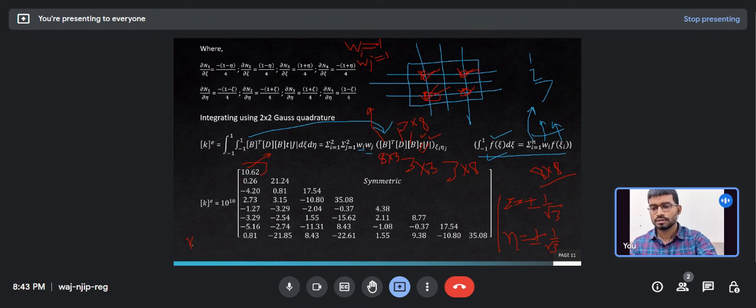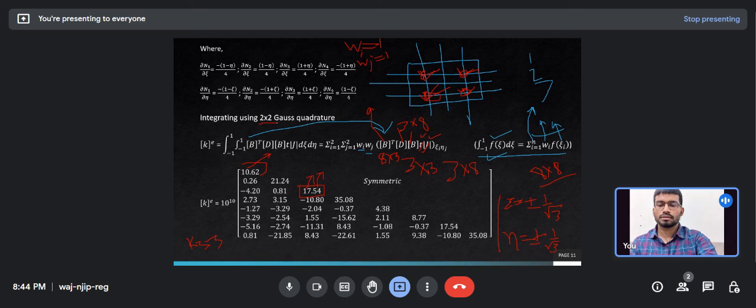Suppose you want to calculate k 3 3, so you will get this element in terms of eta and zeta, and you have to integrate from -1 to 1 and -1 to 1, right? Either you can do the integrations or you can use the Gauss quadrature to evaluate the integration terms.